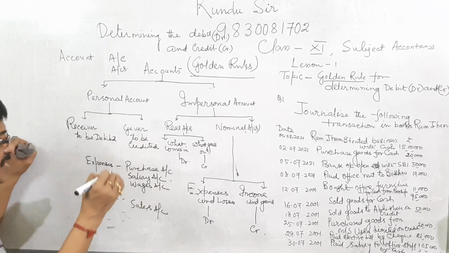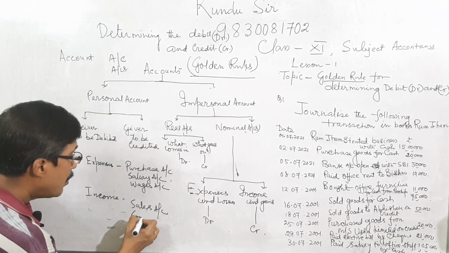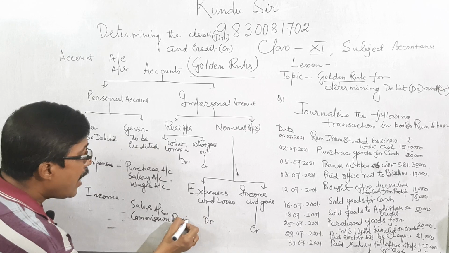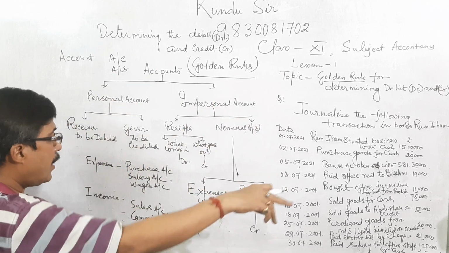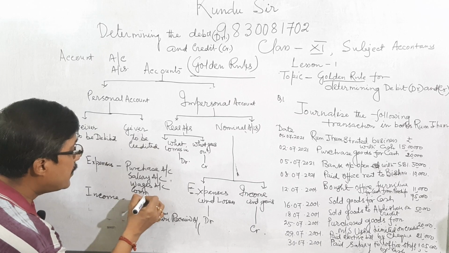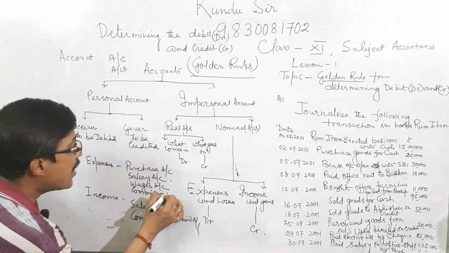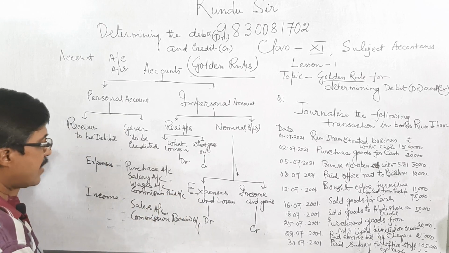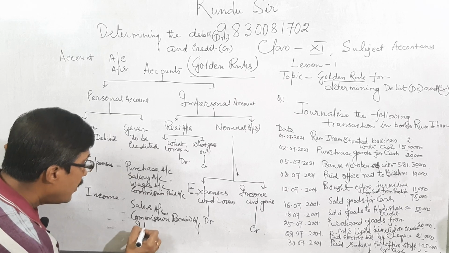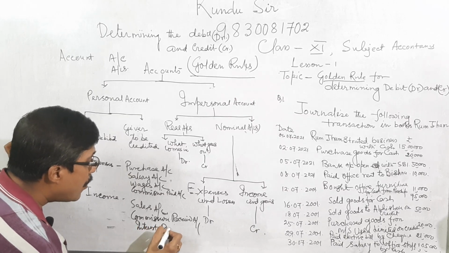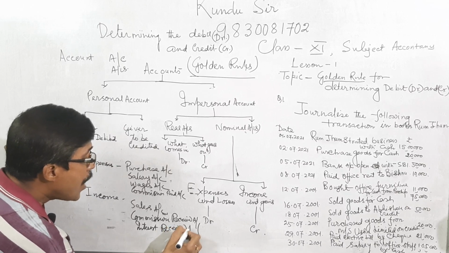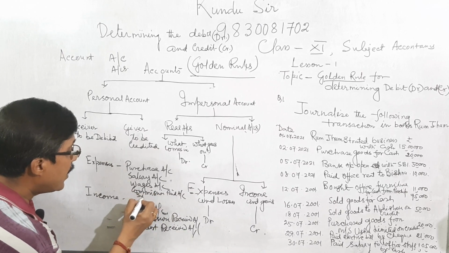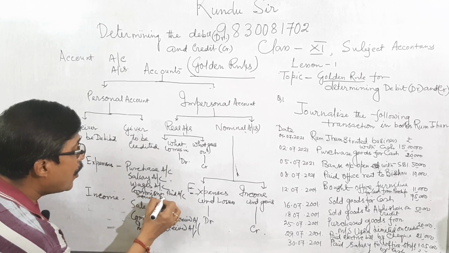Then commission received account, income. Commission paid account, expenses. Now interest: we receive interest from the bank, interest received account. We pay interest to the bank or on a loan, interest paid account.